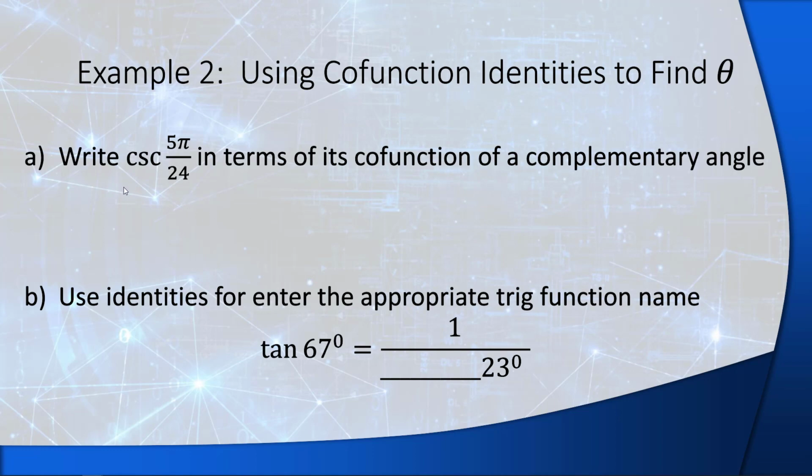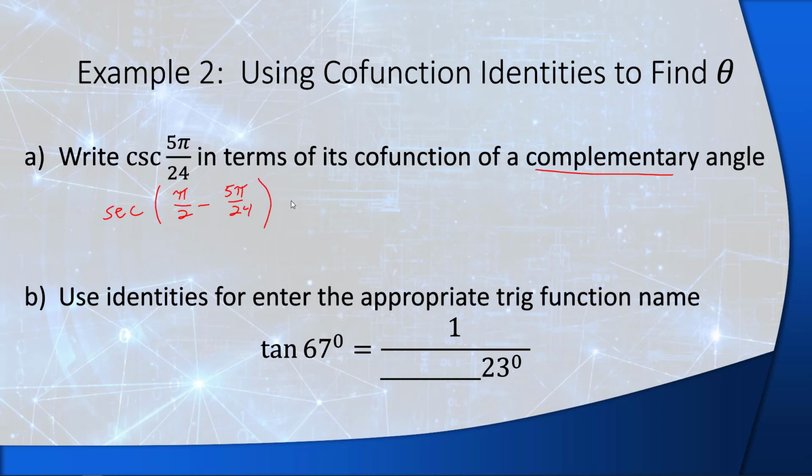Here we want to write secant in terms of its cofunction. And the cofunction of cosecant is secant. Okay? And we want to write this as the cofunction of a complementary angle. So the complement of 5 pi over 24 is going to be pi over 2 minus 5 pi over 24.